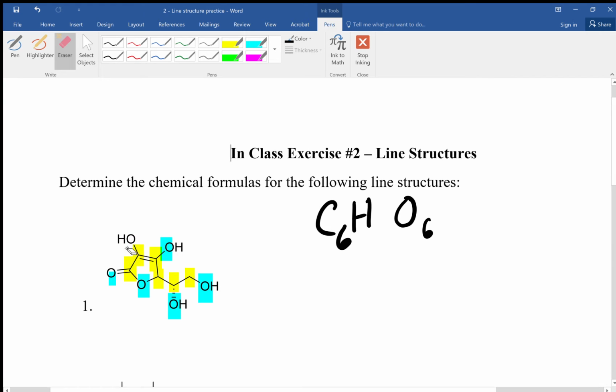So the most challenging part usually ends up being the hydrogens. And really what we have to do is just go atom by atom and determine how many hydrogens are there. So if we start with the oxygens, we can see we have 1, 2, 3, 4.